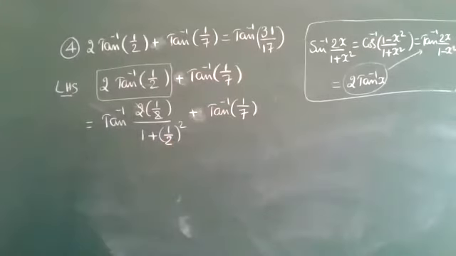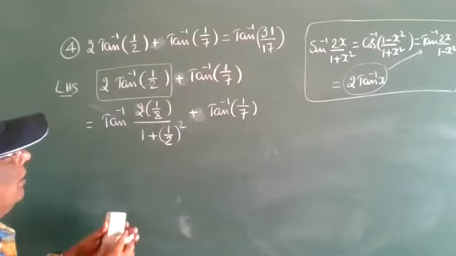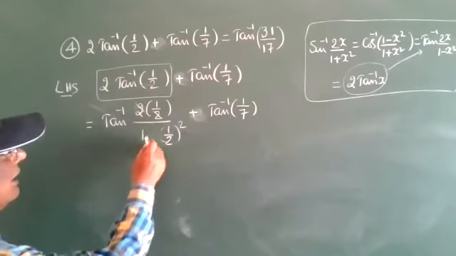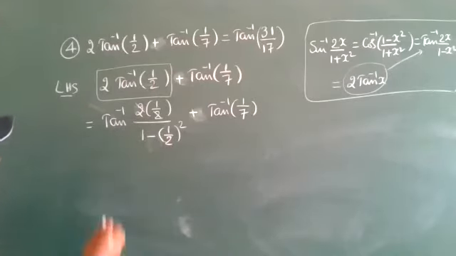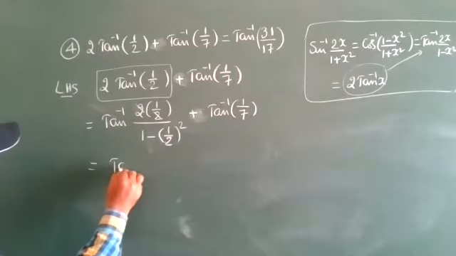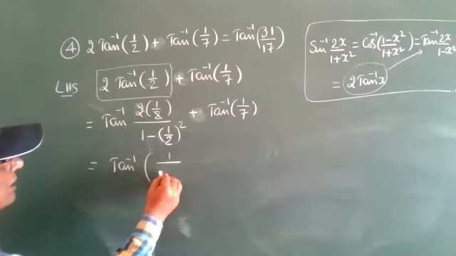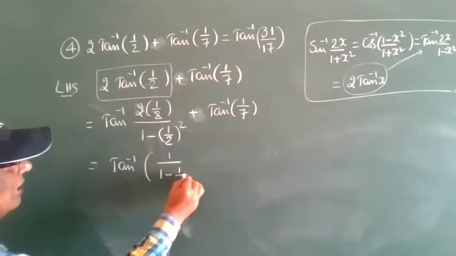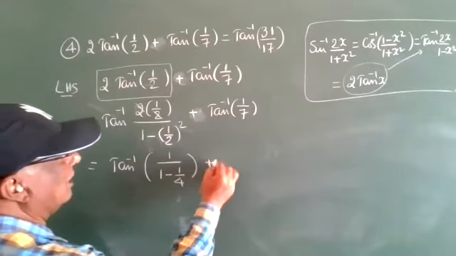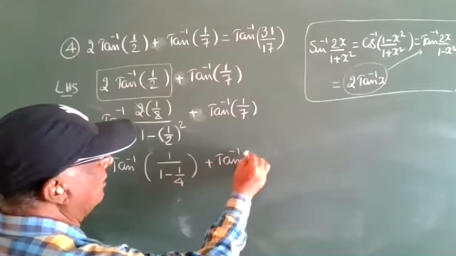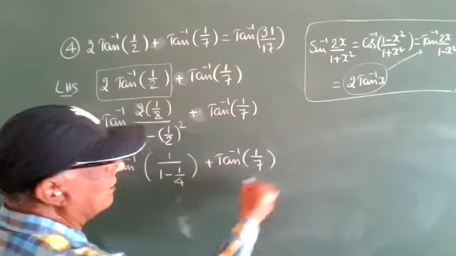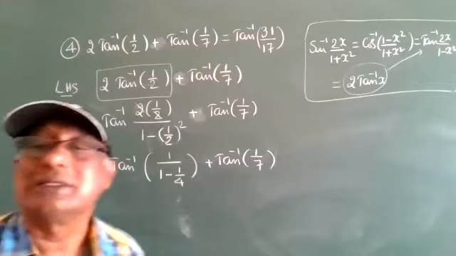What we are getting, see, 2x by 1 minus x square, tan inverse of 1 by, so that is 1 minus 1 by 4, equal to tan inverse of 1 by 7. Okay? Tan inverse of 1 by 7.